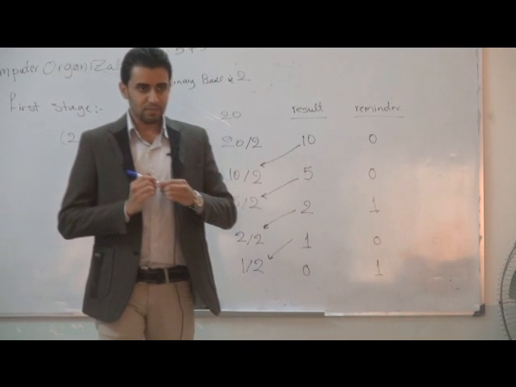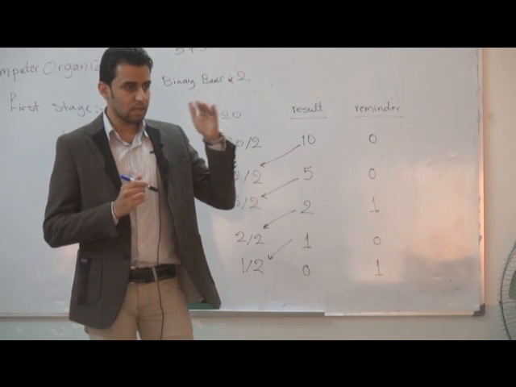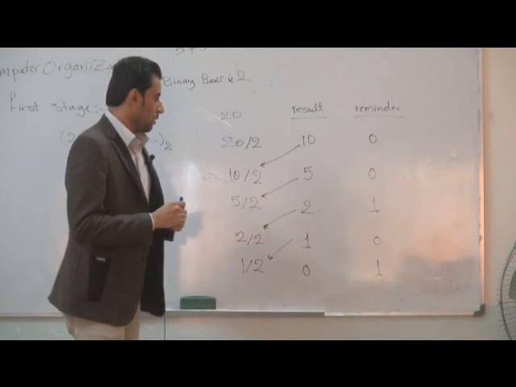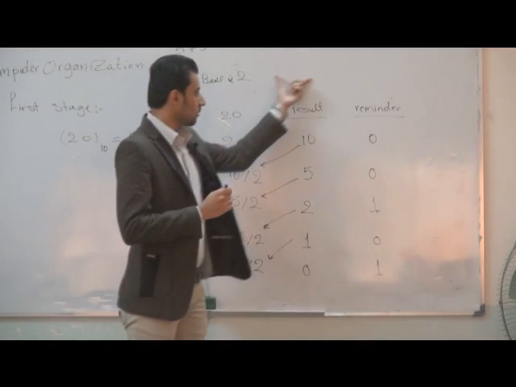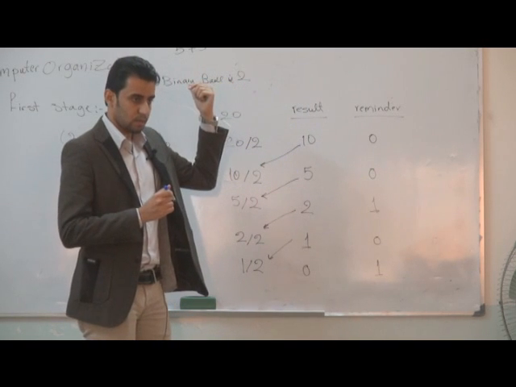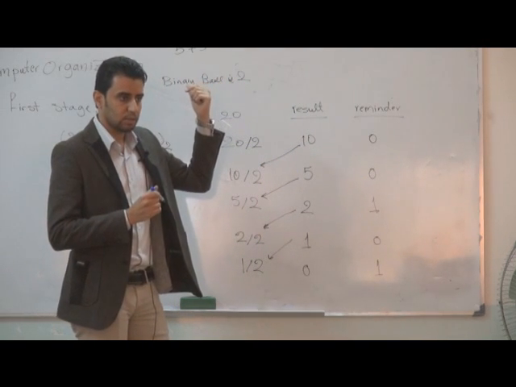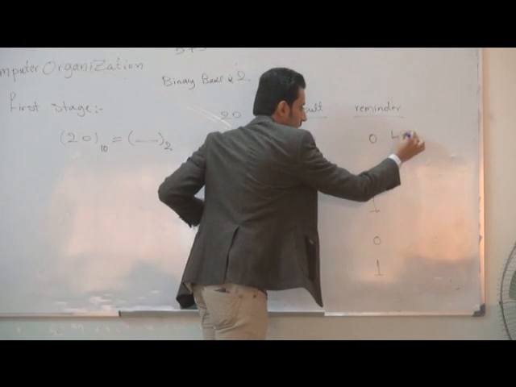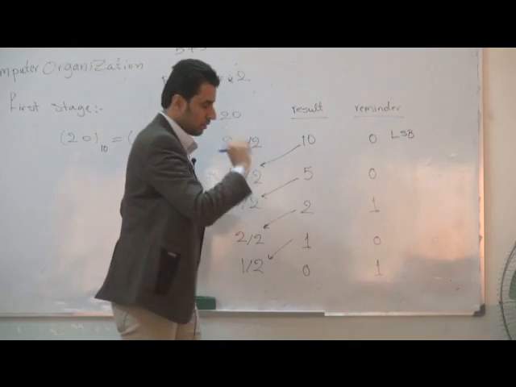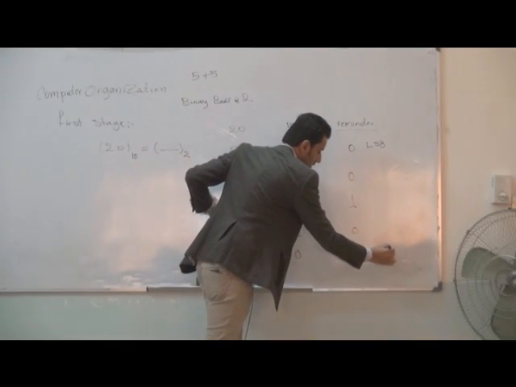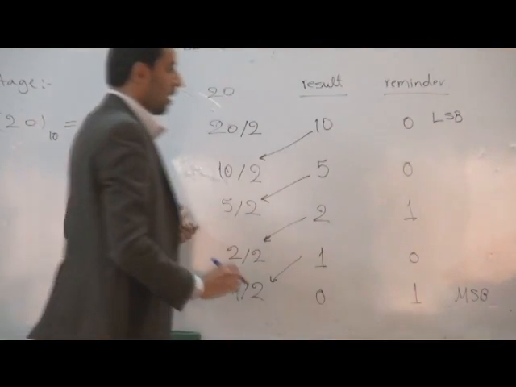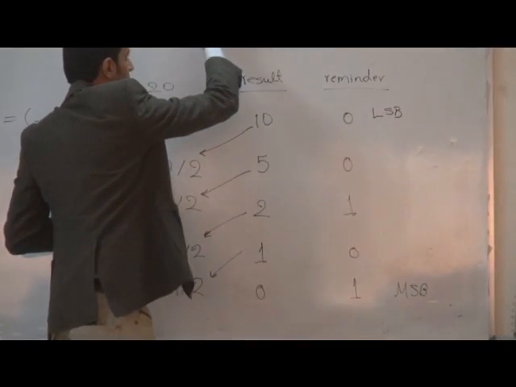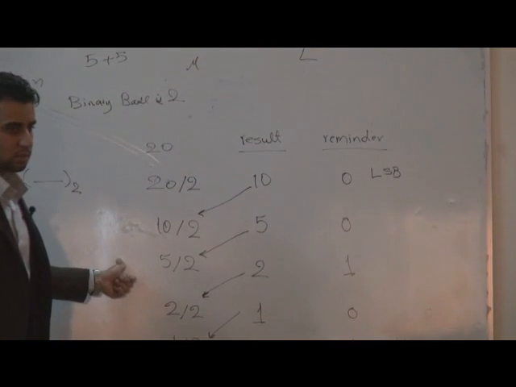Now I have a stream of zeros and ones. So how can I write it in linear form? This part is the least significant bit, and this one is the most significant bit. All of you know this side is the least and this side is the most.